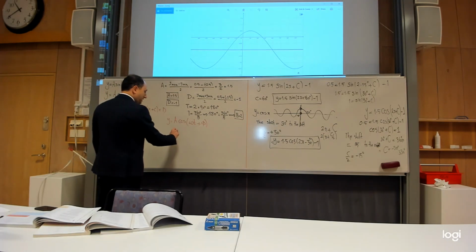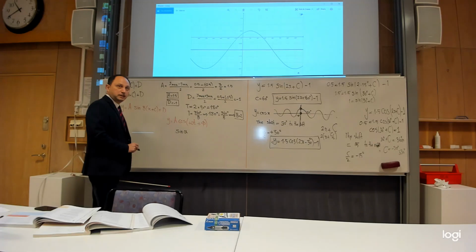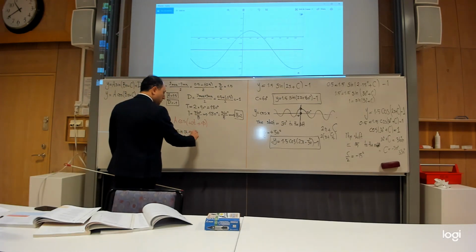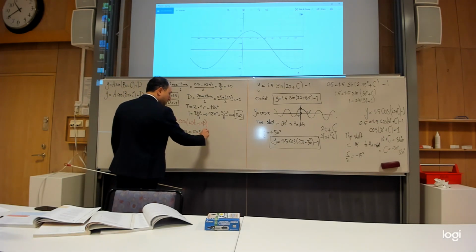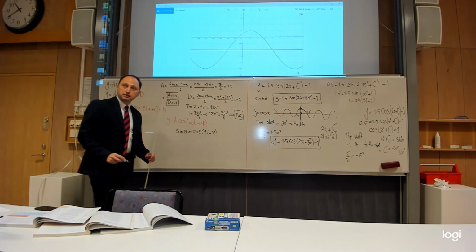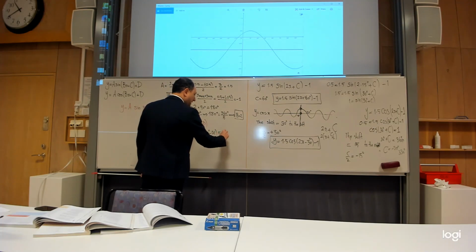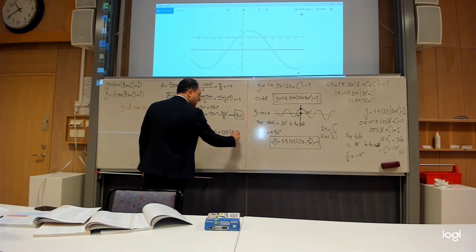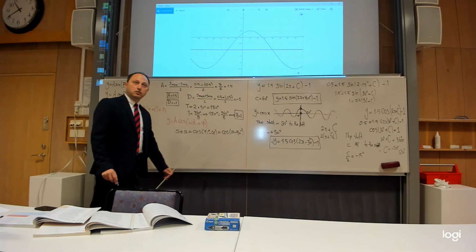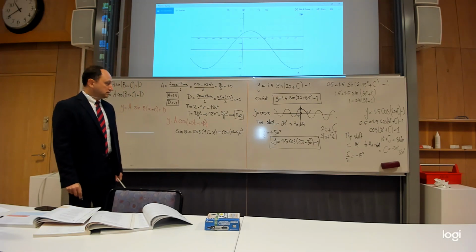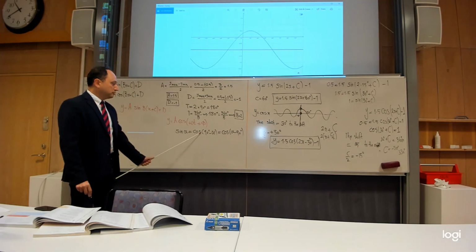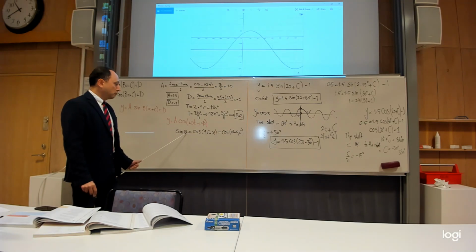Because we learned that sine of an angle is equal to the cosine of 90 degrees minus that angle. But be careful. This is an exception, where I can write it as alpha minus 90 degrees as well. Why is that? The rule behind that is complementary angles.